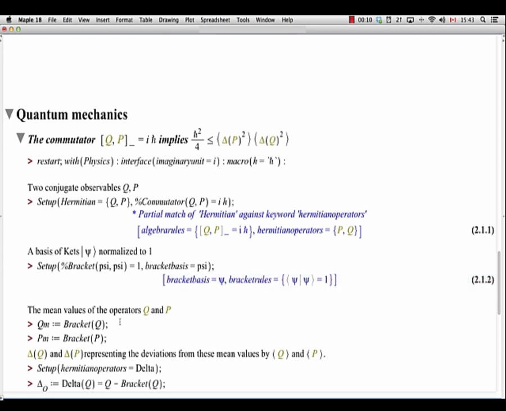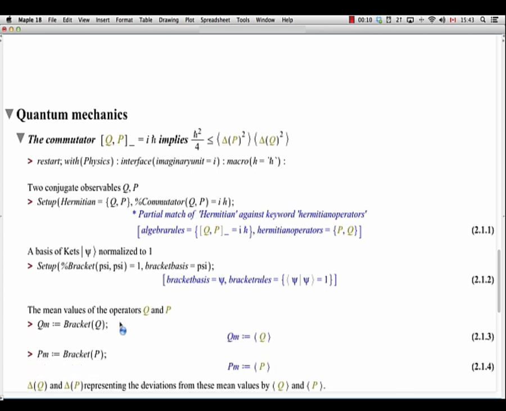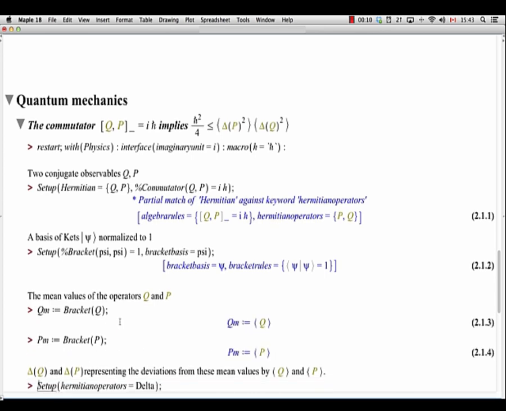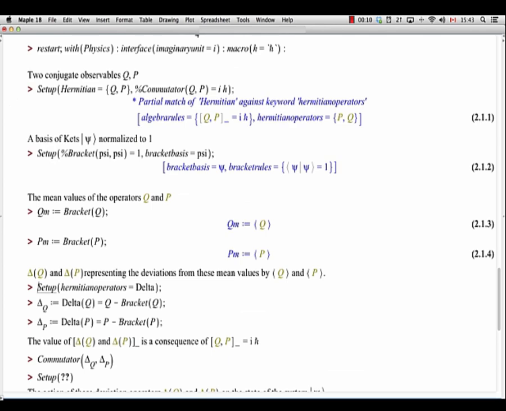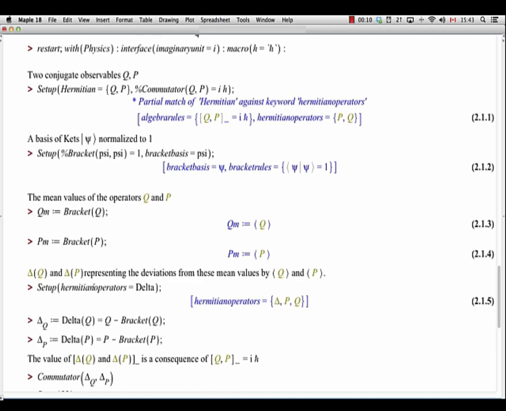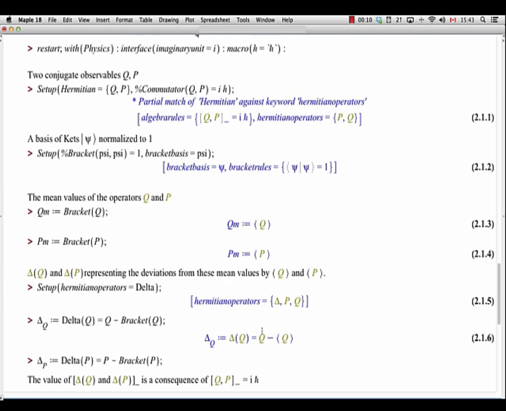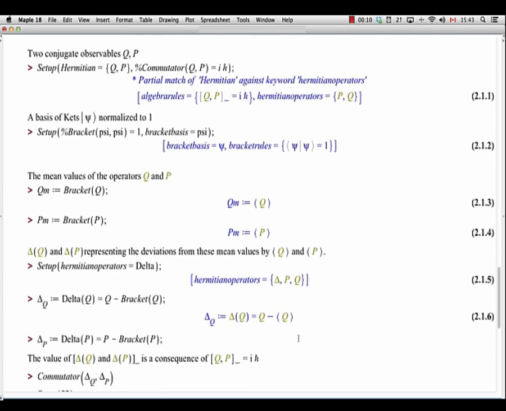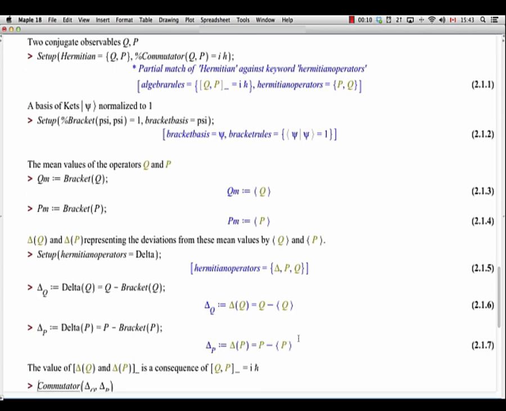And with this, we can already introduce the mean values of the operators Q and P as the brackets. And now we can introduce the deviations from these mean values. For that, we introduce another Hermitian operator, delta, which by definition is equal to the deviation with respect to the mean value of the operator, in this case Q, in this case P.